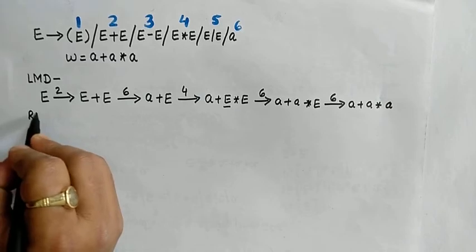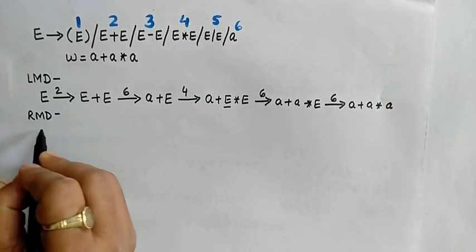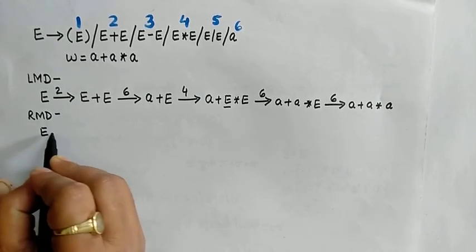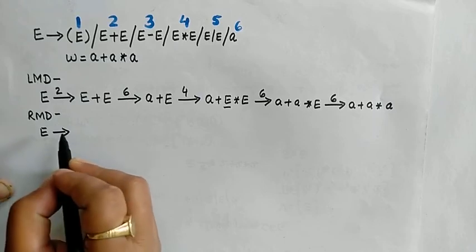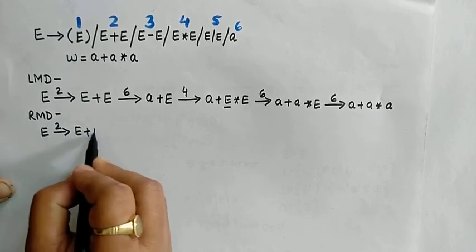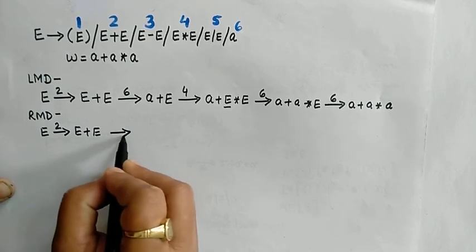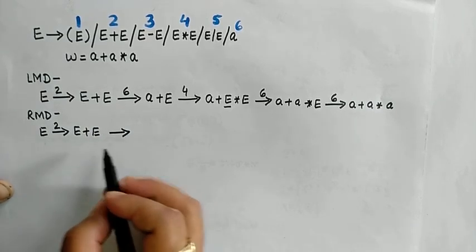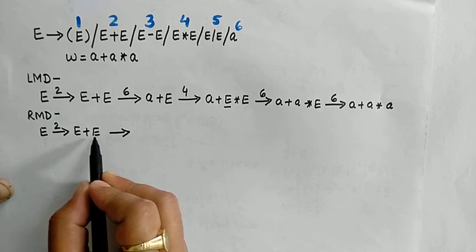And what will be the rightmost derivation? Again we start from E and apply the same production, E plus E. Now at this point we replace only the rightmost variable.